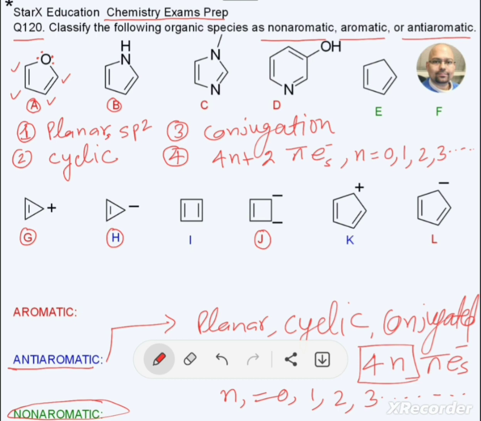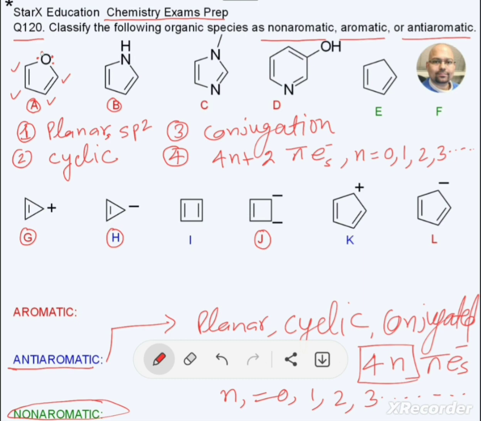So they fulfill the requirement of being planar. However, the oxygen, if you have a look quickly at the oxygen, it seems like it has 2 lone pairs of electrons, and the fact is that furan is aromatic. Then why? Because there are 8 electrons here total.